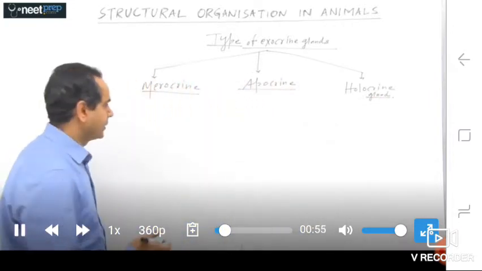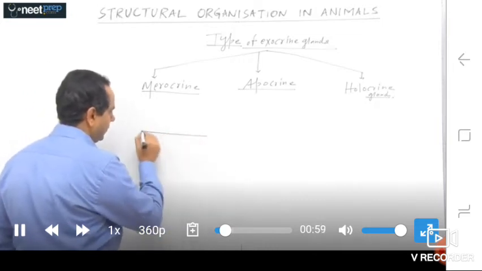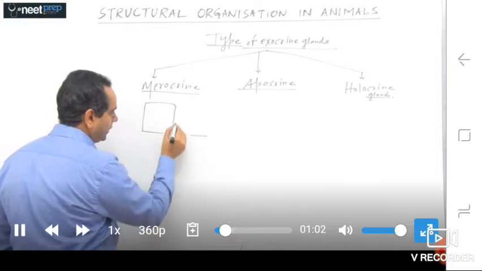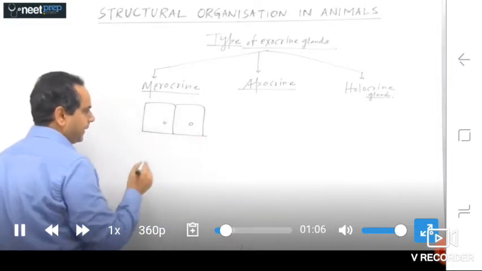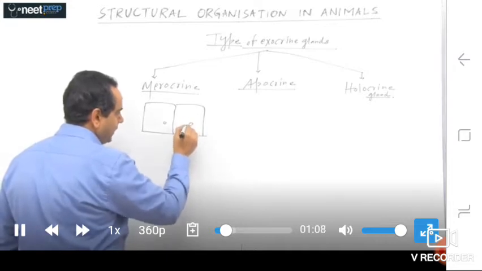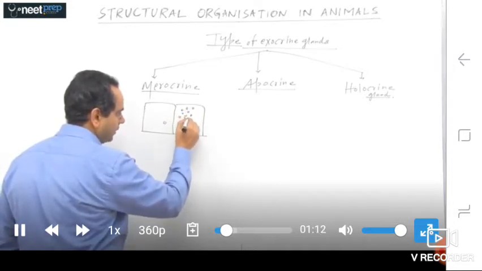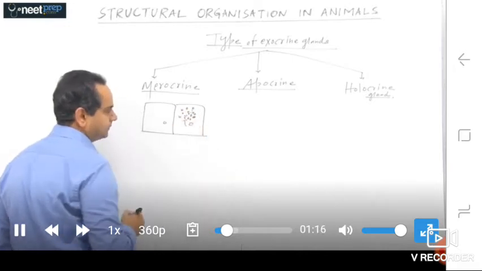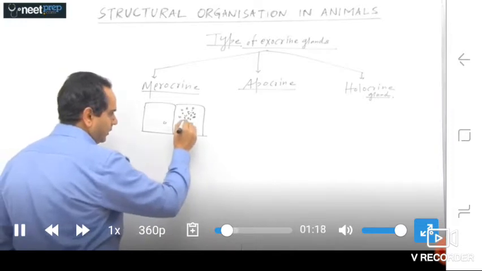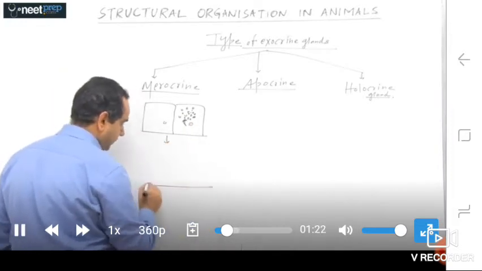And what is that? Suppose this is a glandular structure. This is a gland. And suppose this gland is secreting, these cells are secreting certain kind of chemicals. Now it is present inside the cells only. And after the secretory activity, what happens?